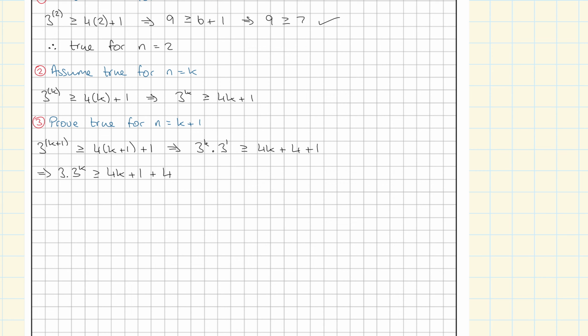If we have a look here, we have 3 to the power of k, and we know from step 2 that that's true, and then it's 3 times that, so it's going to be greater than 4.